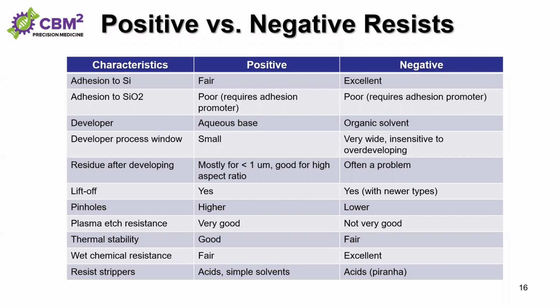And also we have the residue. When you use positive photoresist, we can remove the residual photoresist pretty well, so we don't have a lot of residues. While when we use negative photoresist, removing the residual photoresist is a big issue.